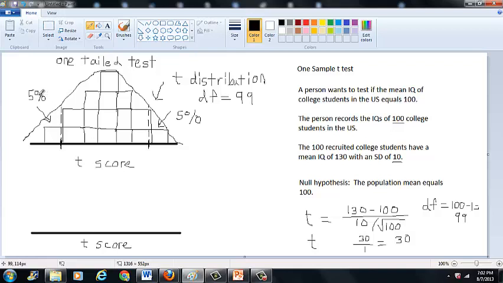The middle of the t-score number line is at 0. This would be a positive critical value. And this one down here would be a negative critical value because it's a negative number. It's below 0. Positive critical value and negative critical value.